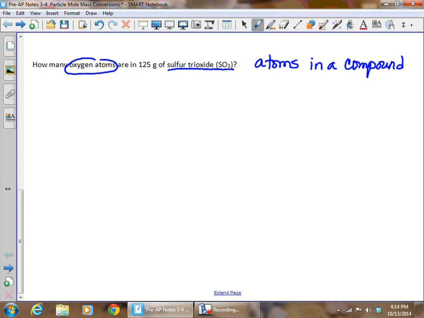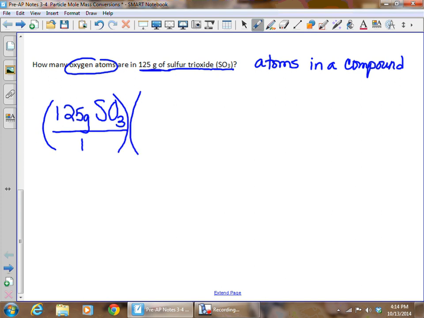It's not going to be the only conversion factor we need. But if we start out with our 125 grams of sulfur trioxide, think about what conversion factor we need next. We've already done some problems where we've dealt with molar mass, our table grams per mole. We've looked at Avogadro's number, which is our 6.02 times 10 to the 23rd particles per mole.